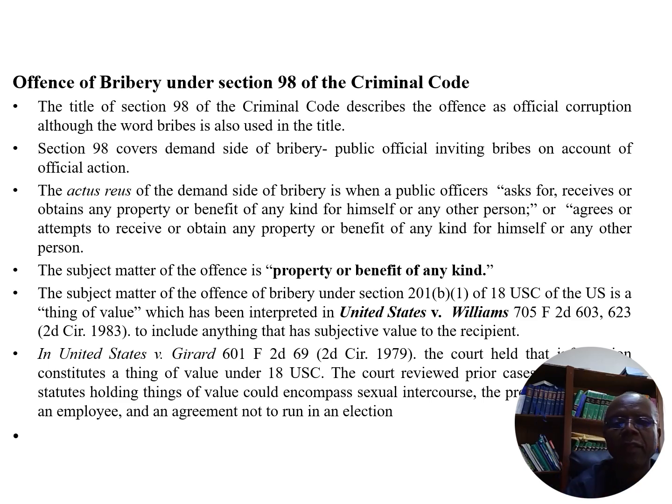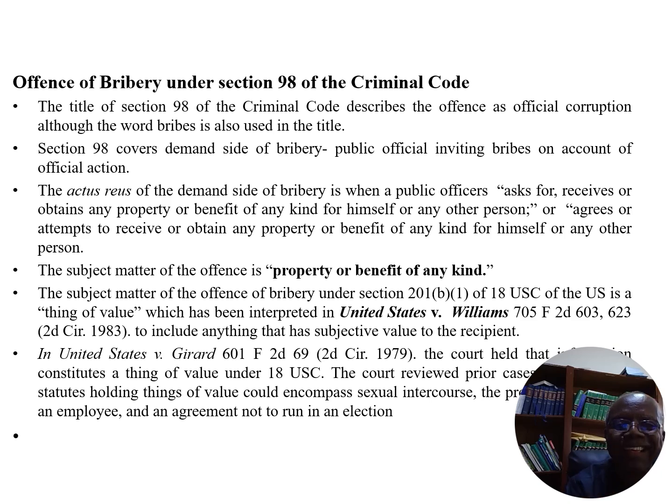Now, the actus reus can be divided into two: where the public officer asks for, receives, or obtains any property or benefit of any kind, or alternatively, where he agrees to receive or obtain property, or where he attempts to receive or obtain property. In the second scenario, once there is an agreement to receive property on account of official function, the offense is constituted.